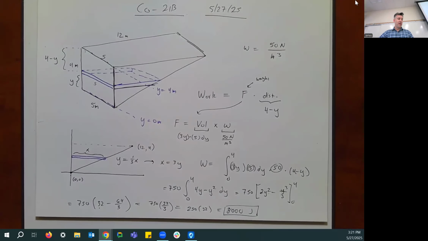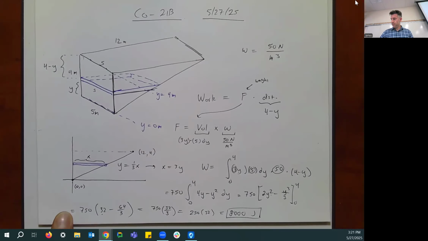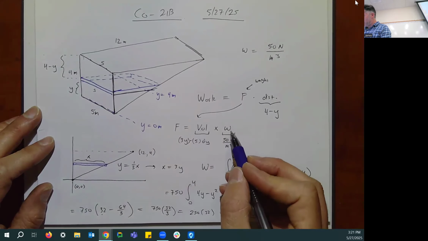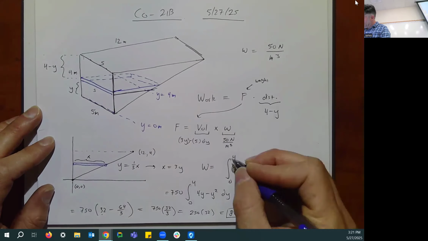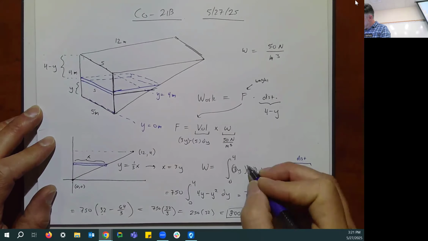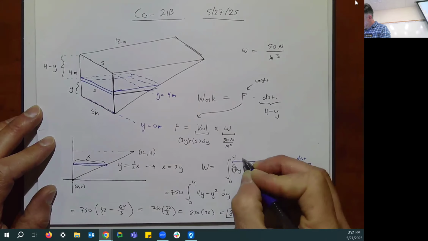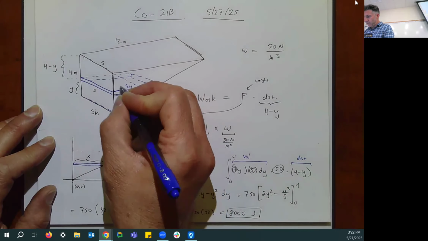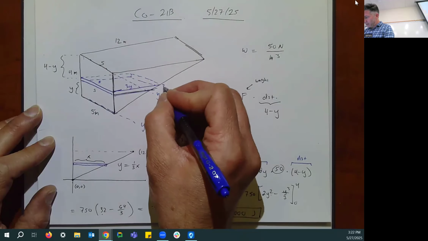Questions about this before we look at part B? Yeah. Can you just say one more time the initial work integral? Yes. For my work integral, it's my volume times my density times my distance. So here's my distance from the top. Here's my volume, which is my 3y length here, times my 5 length here, times my thickness of dy.